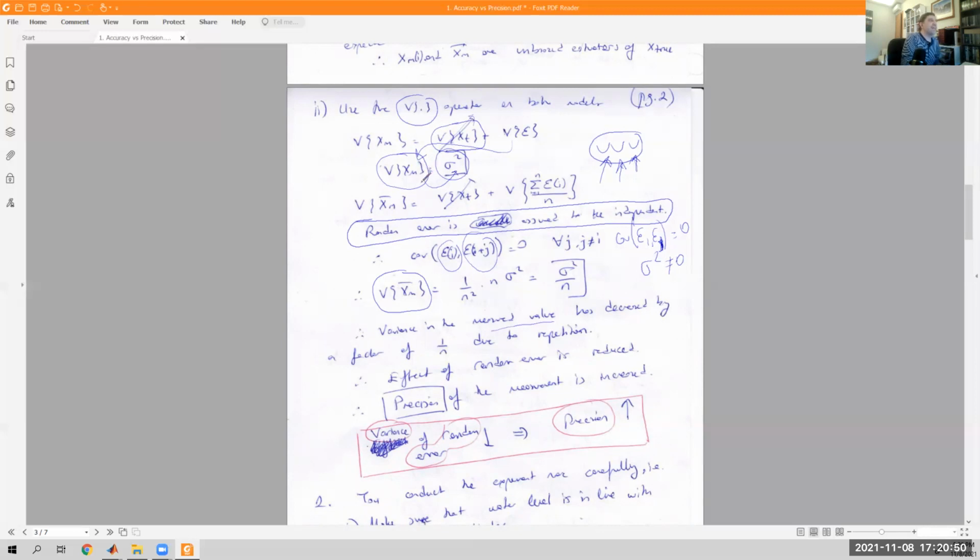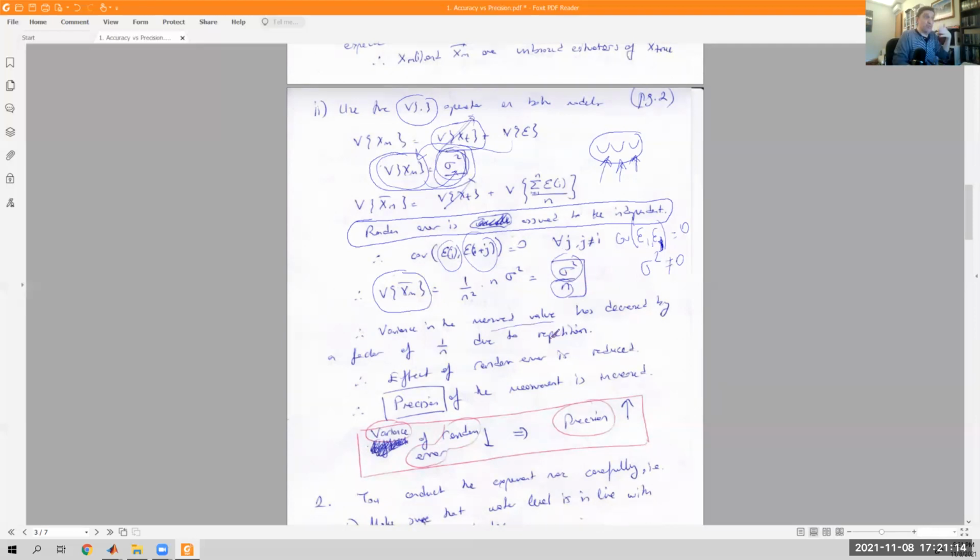What do I mean by this? The variance of a single experiment is sigma square. The variance from an average of multiple experiments conducted n times is equal to sigma square over n. So as n increases, you decrease the effect of random error by decreasing the variance term.